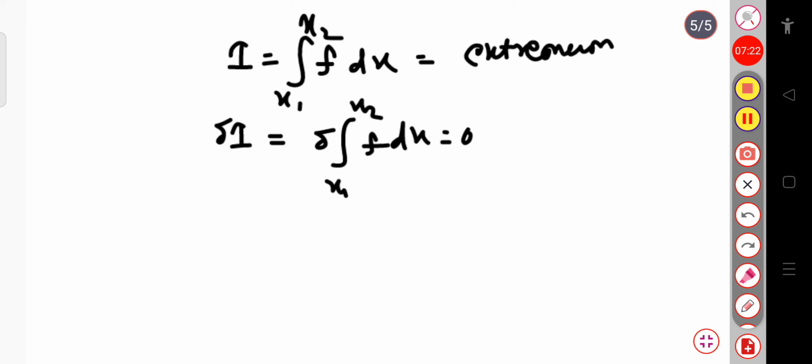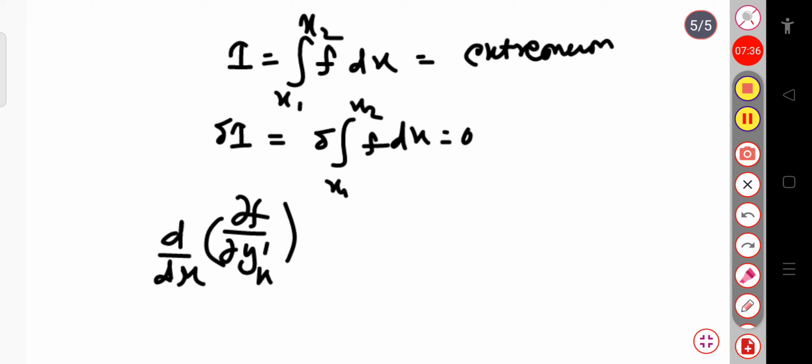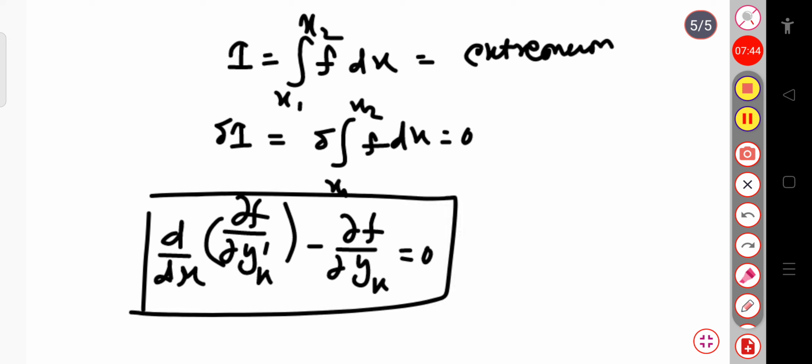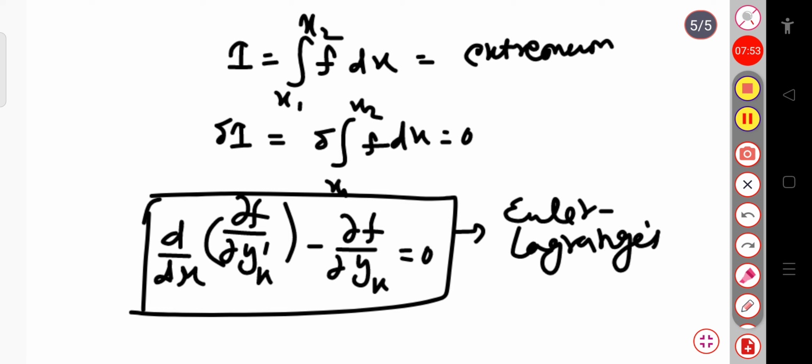From this you can write the Euler-Lagrange equation: d by dx of dou f by dou yk prime, minus dou f by dou yk, equal to 0. This relation is called the Euler-Lagrange equation.